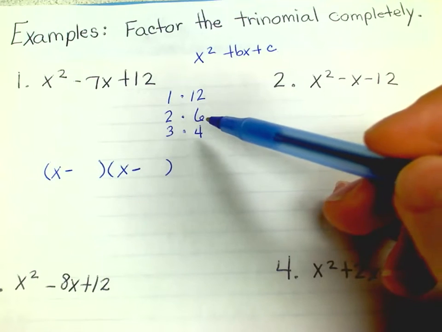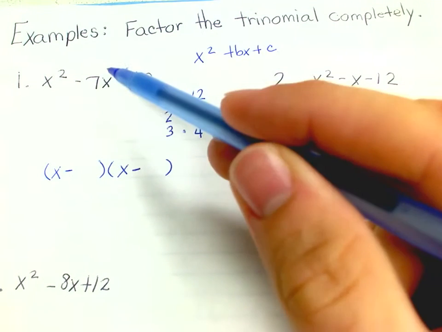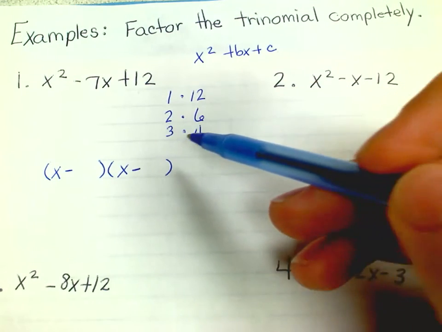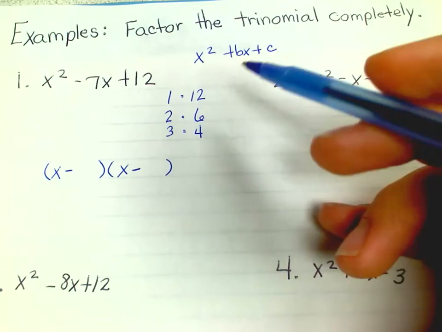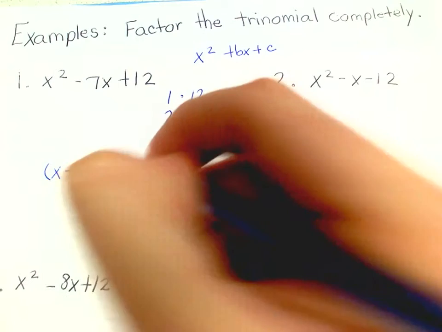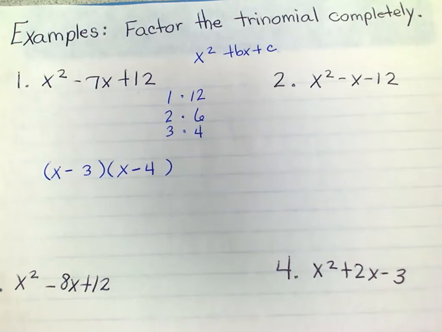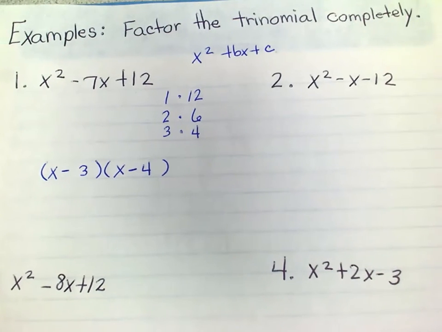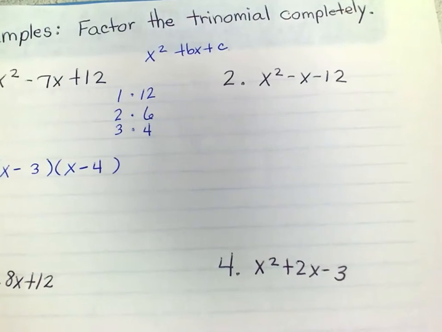Negative 2 minus 6 gives us a negative 8. We can't use that. It's close, but not close enough. And negative 3 minus 4 gives us a negative 7. So these are our winners. And that is how you would break down how to factor that trinomial. Let's use the same process to work with number 2.